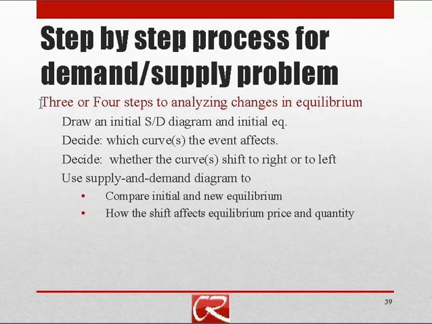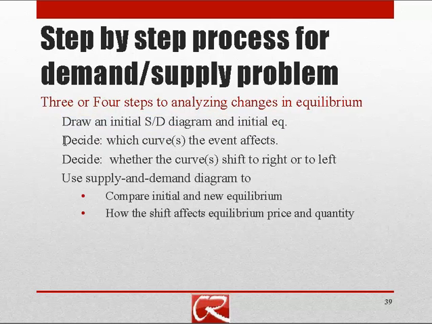So the way we usually do this, and I very much encourage students to follow this rigorous step-by-step process here, is to first think about setting up our workspace. We draw an initial supply and demand diagram and identify the initial equilibrium price and quantity.